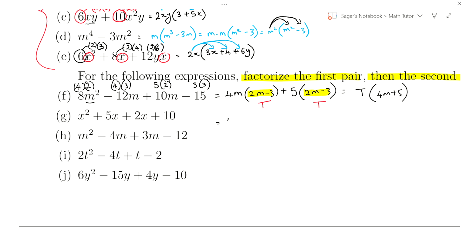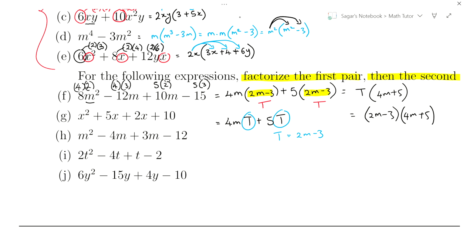Let me just rewrite this first. That is essentially what we have above. So I have factored out the t. T is equal to 2m minus 3. And the final answer is 2m minus 3, open brackets, 4m plus 5.